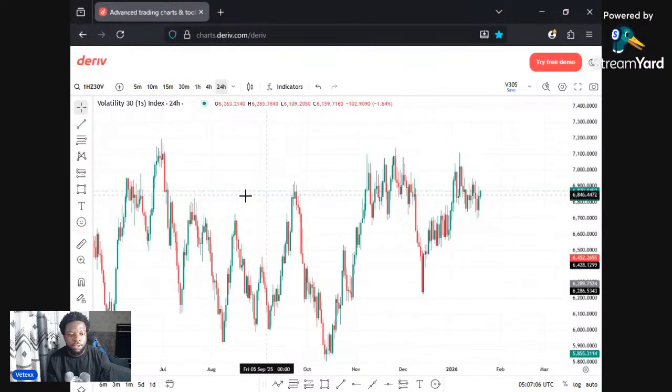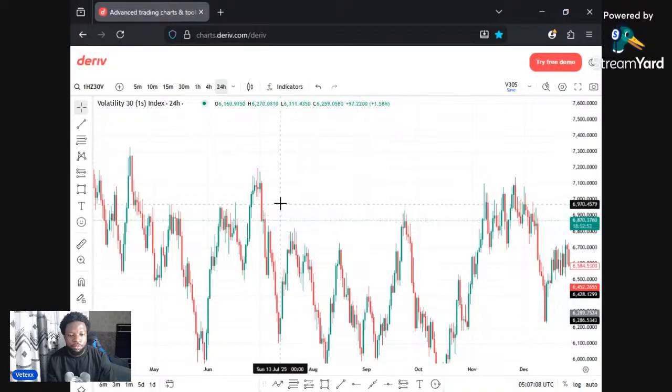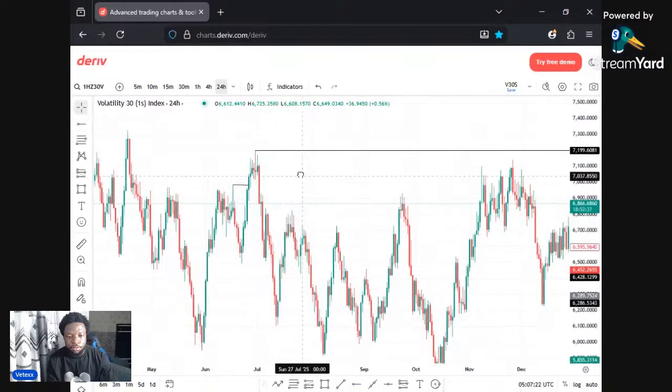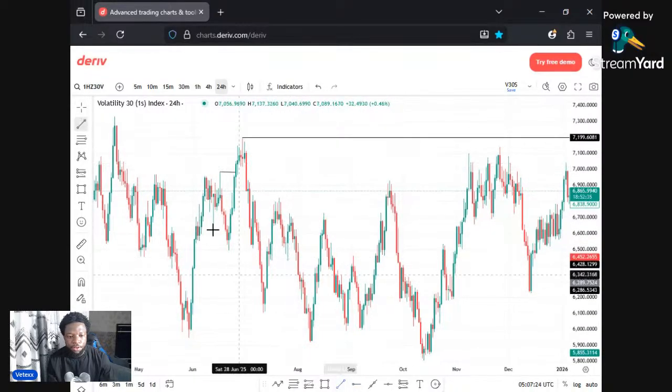Okay, now as you can see clearly, we have our sweep of liquidity here. We have our protected high here, and then we have our first break of structure.